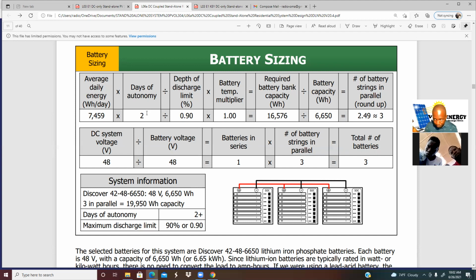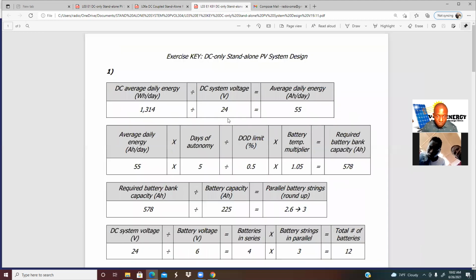That's the whole purpose. Now, if you look right here, we have our depth of discharge. Because it's a lithium iron phosphate battery, the depth of discharge is 90%. If you look at my little graph here, the depth of discharge is 50%, 0.5 is 50%. So for a lead acid battery, your maximum depth of discharge should be 50%.